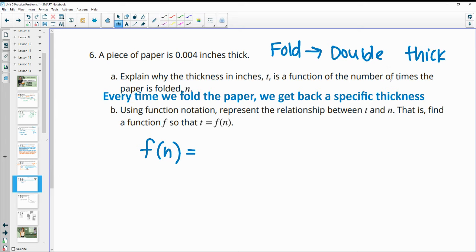So it's going to be double the thickness, and that means that our growth factor is 2. So we want the initial thickness, or the initial height, so 0.004 times the growth factor, which is doubling in this case, and then to the number of folds. So the initial thickness times the growth factor, and then to the number of folds, n.